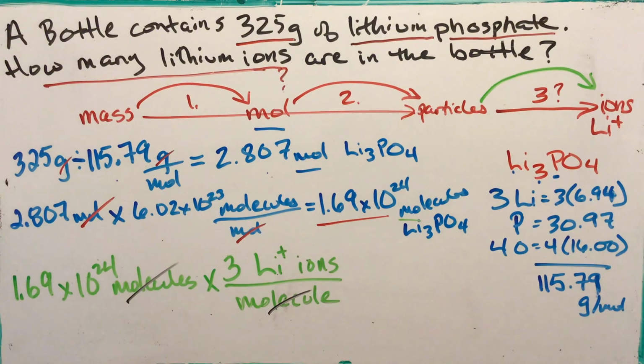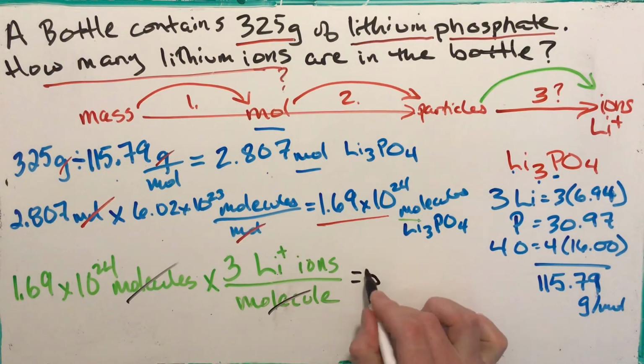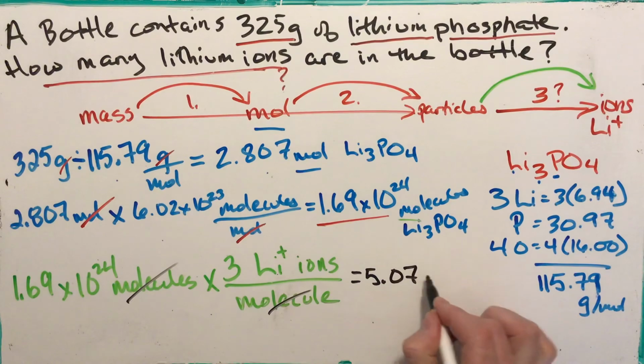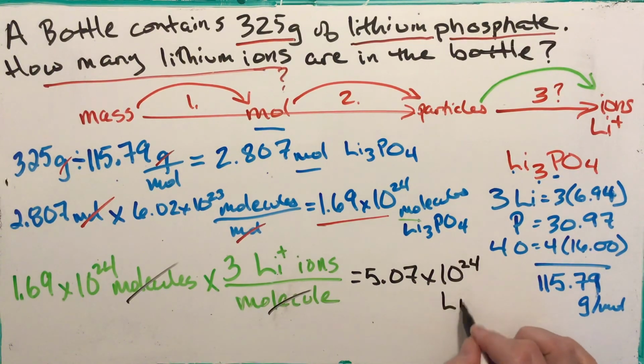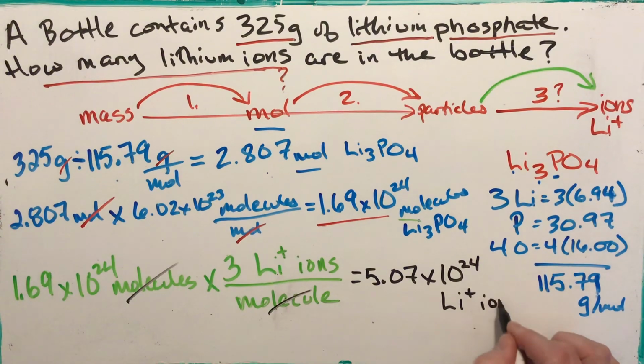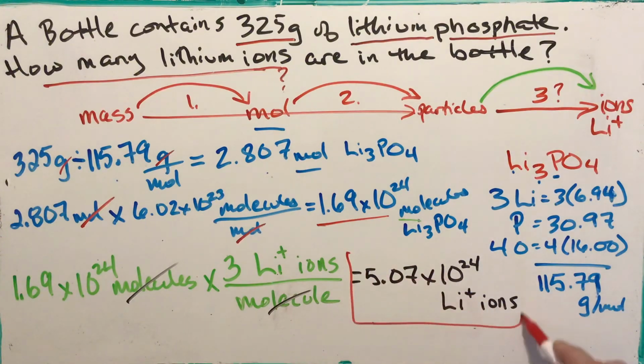Kind of like the eggs and dozens thing from yesterday or the day before, right? So when I multiply this out, I get 5.07 times 10 to the 24 lithium ions. And that, my friends, is our final answer. And it's right.